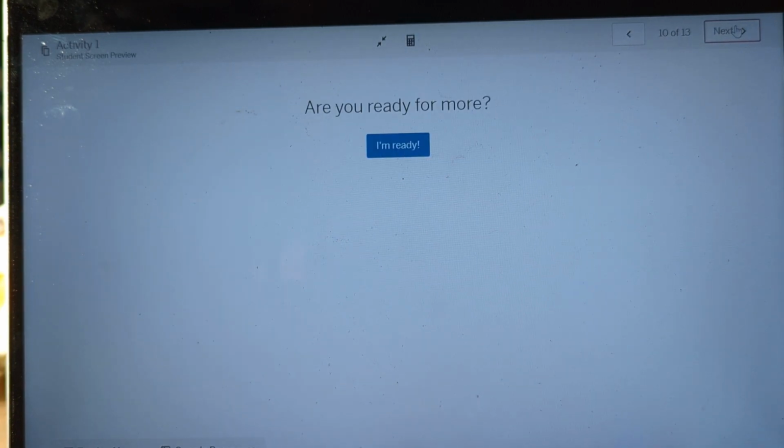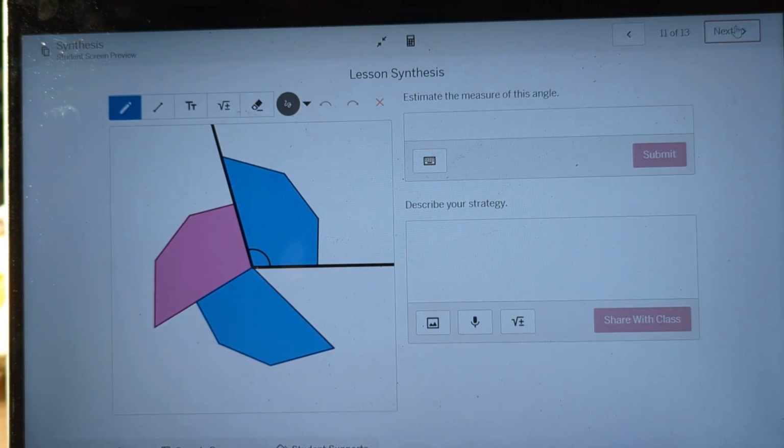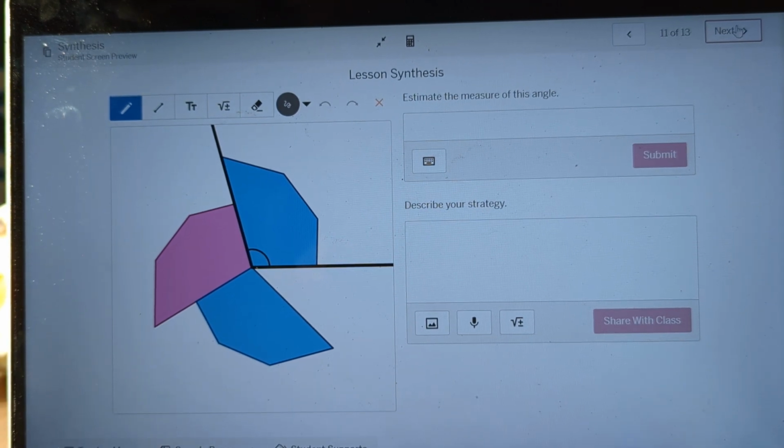Number 10 says we're ready for more. Here we go. Estimate the measure of this angle. Well, that should be simple enough. Let's see. This has to be over 90.